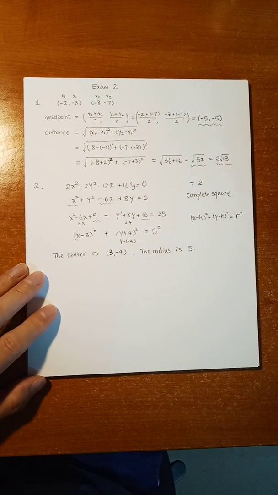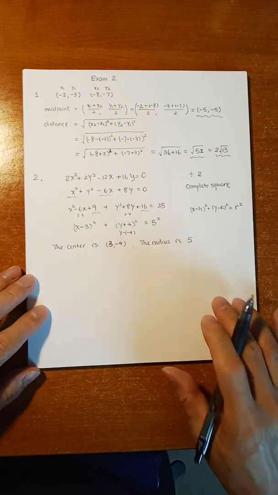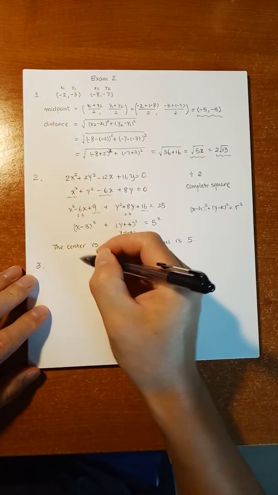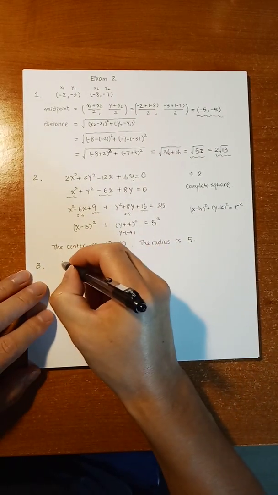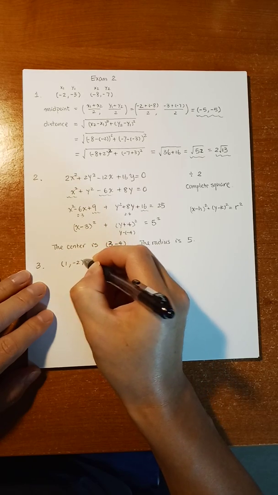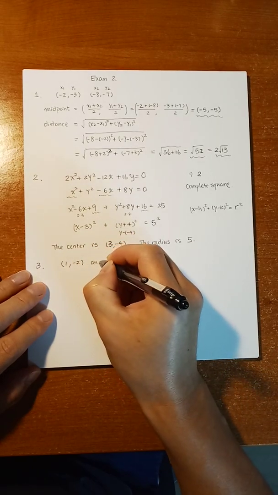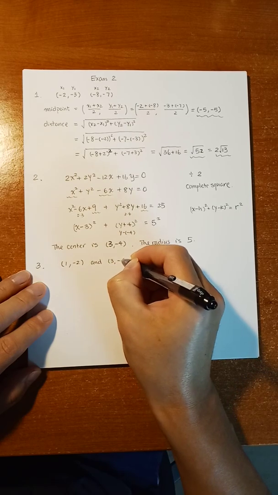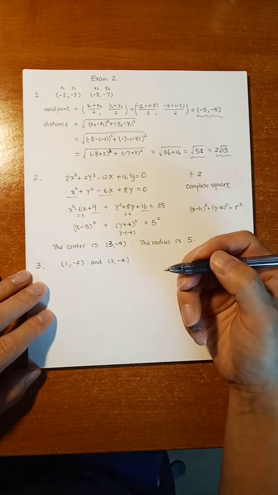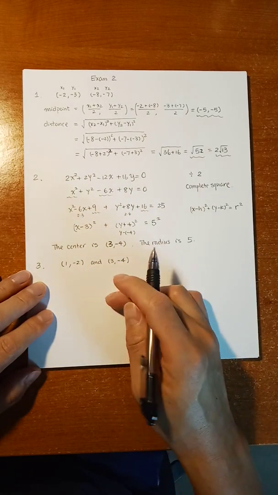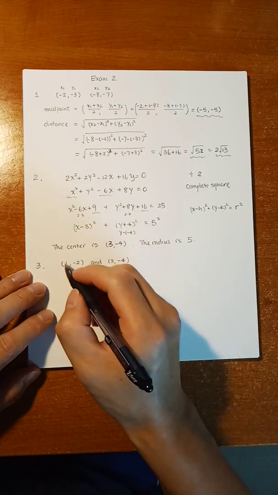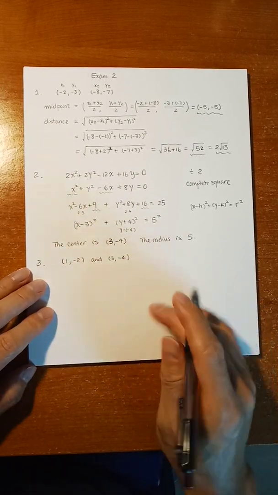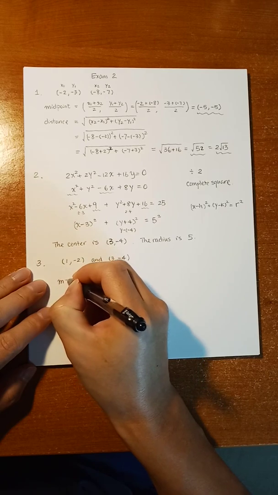All right. 3. We are given 2 points, (1, negative 2) and (3, negative 4). We're looking for the equation of a line through these 2 points. So in order to find the equation of the line, you need to find the slope.